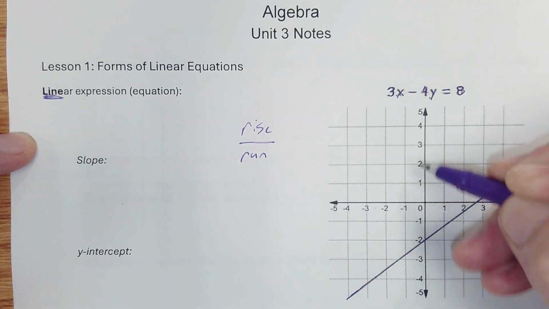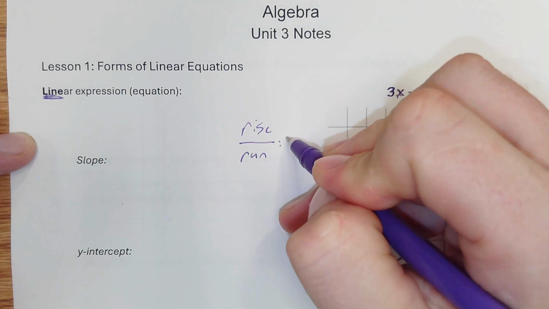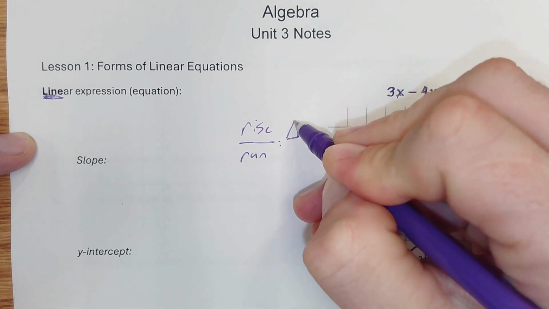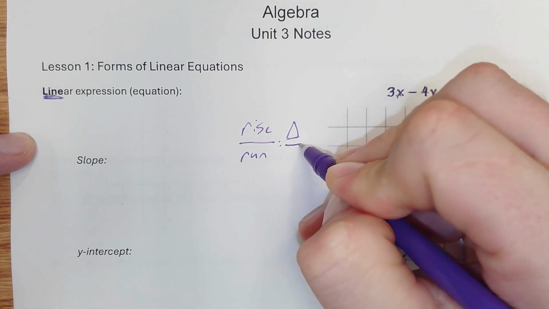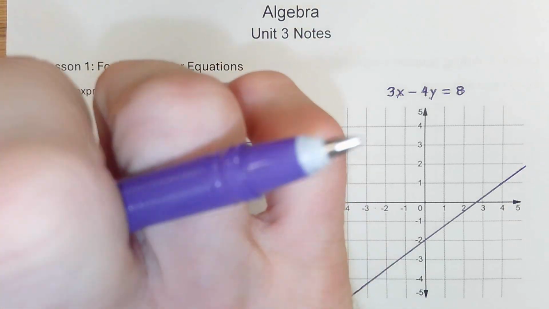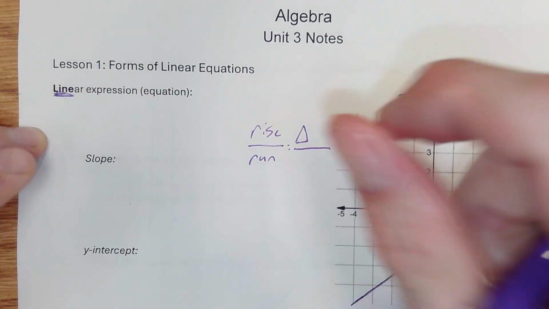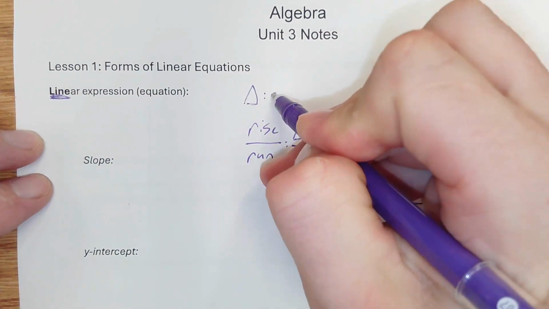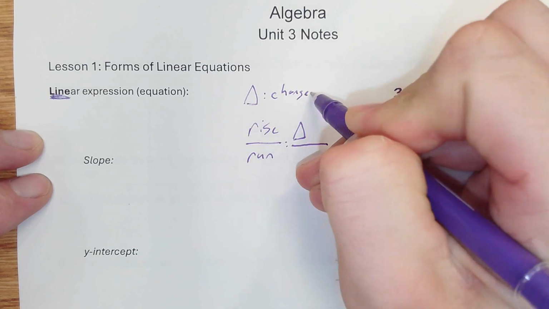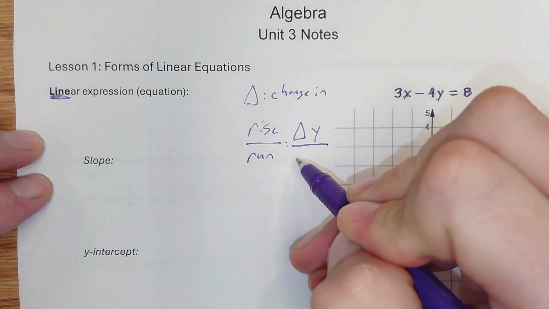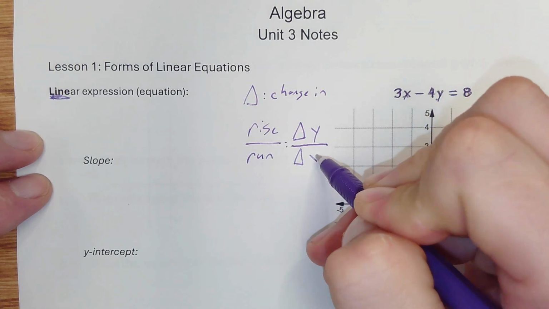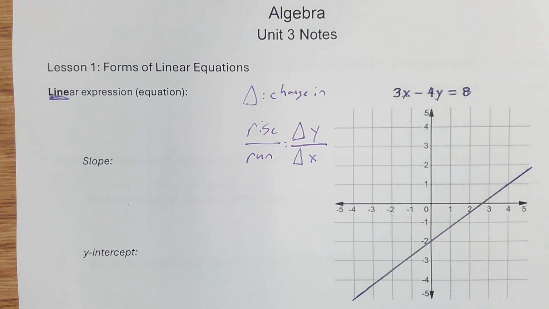It's how much change in y, okay? The change, so this delta sign here, this is the Greek letter delta. This is the symbol that they use throughout mathematics and science for the change in. So the delta is change in. So the change in y for the change in x, or the change in your vertical for the change in your horizontal, okay?